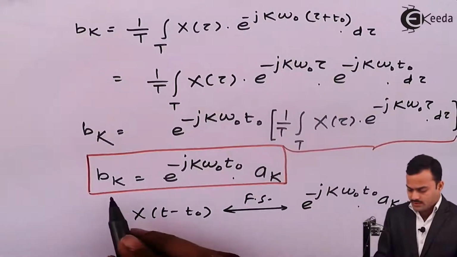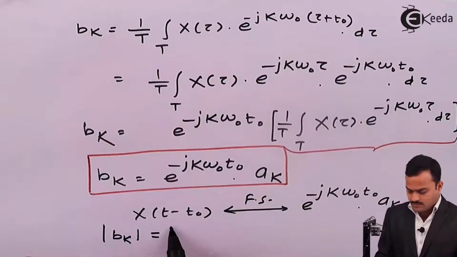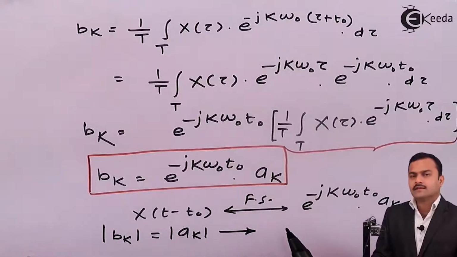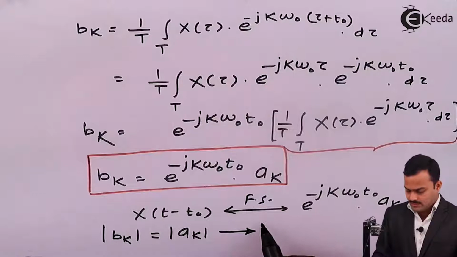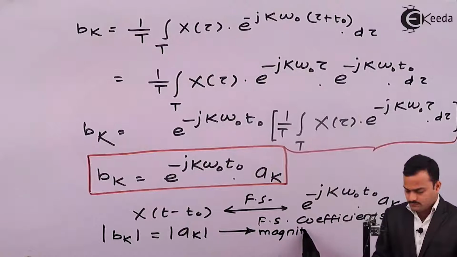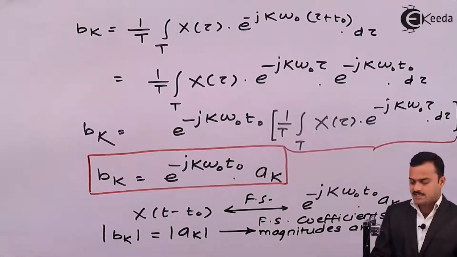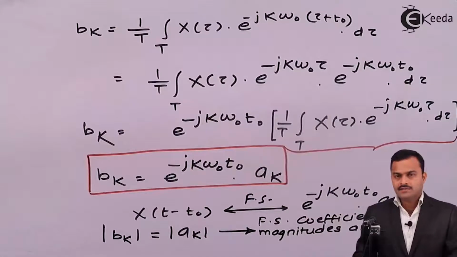So bk magnitude is same as ak magnitude. So time shifting does not affect the magnitude of Fourier series coefficient. So I can say Fourier series coefficient magnitudes are constant or not changed, though there is a shifting in the signal.